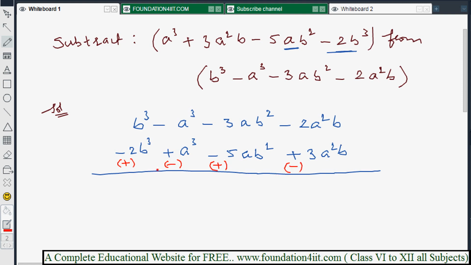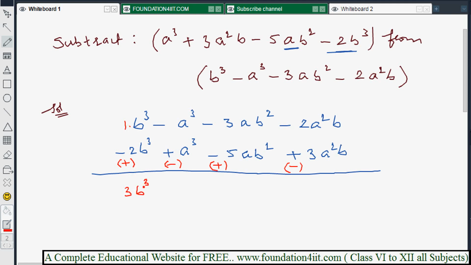Now don't consider it as minus 2b cube; after changing, it's plus 2b cube. So for the first term and second term we just do addition: plus b cube plus 2b cube. It's a total of 3b cube, since 1b cube plus 2b cube is 3b cube.